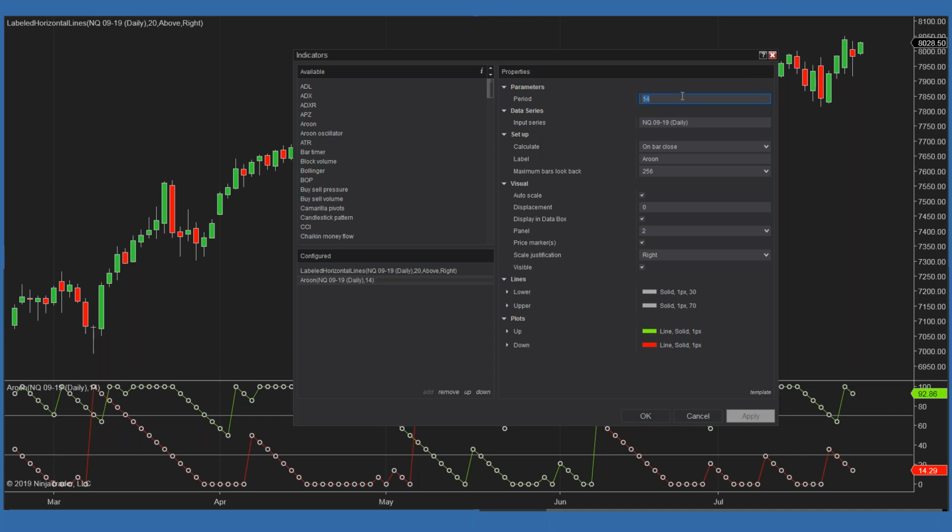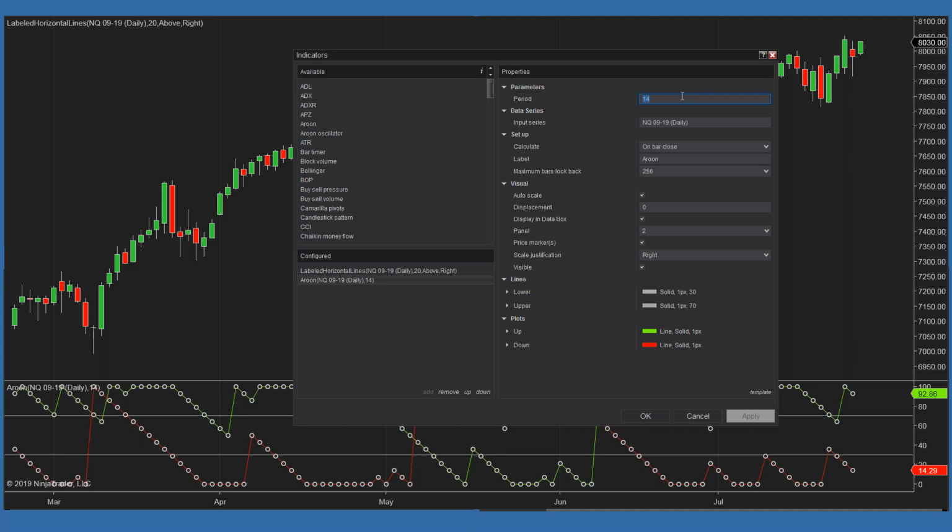I believe that if you're going to follow 2 weeks out of the monthly cycle, you're probably going to be better off looking at 10 periods, because there are 20 trading days in a month. So 10 trading days would be 2 weeks. I think that would be a more accurate representation than the 14.